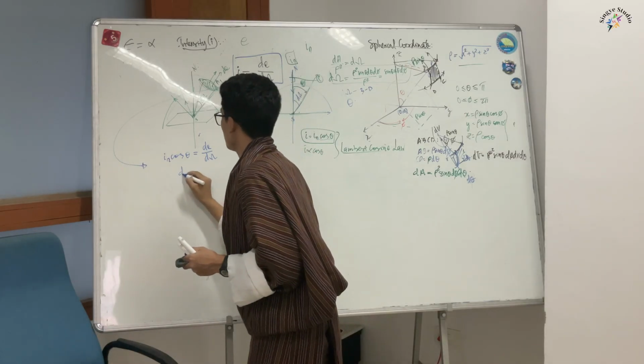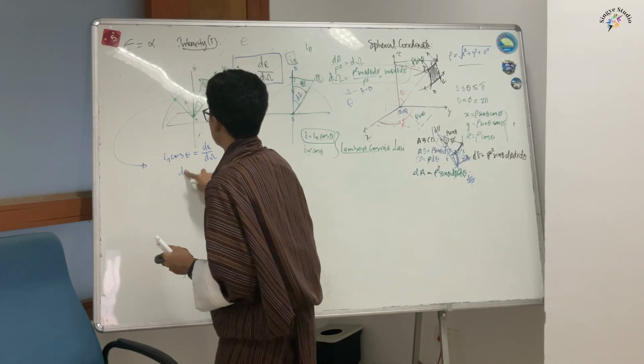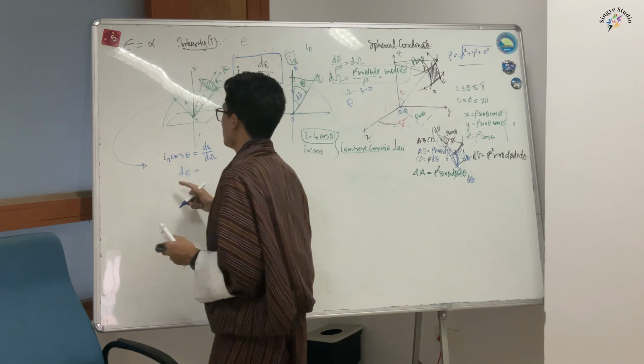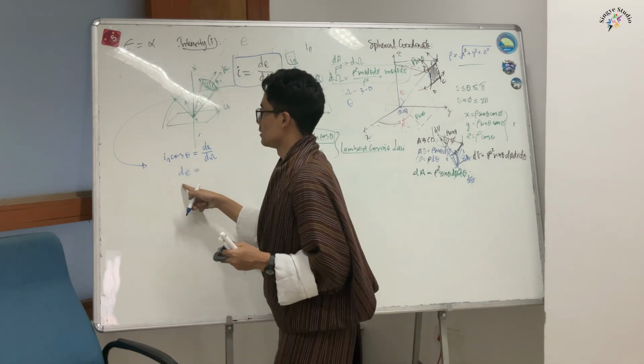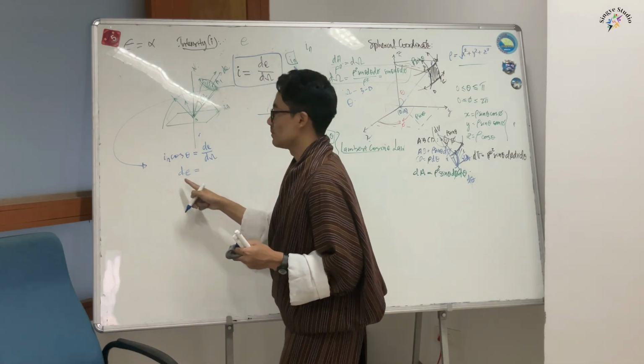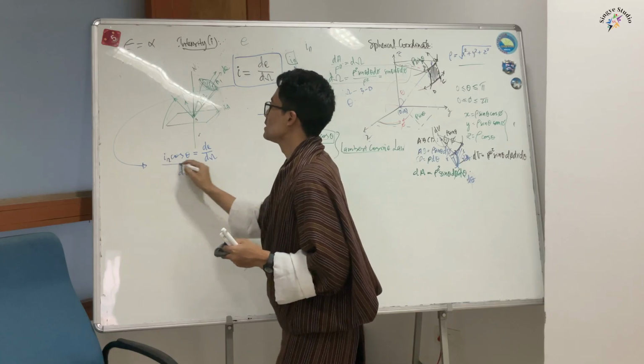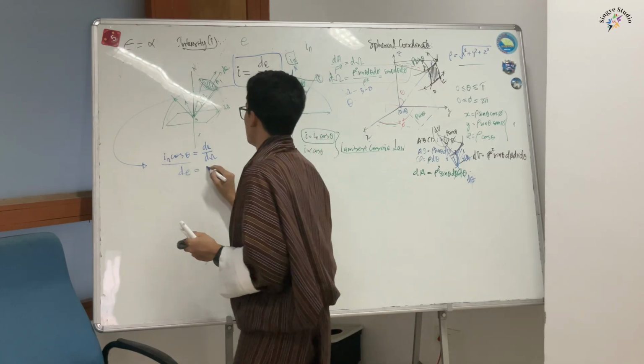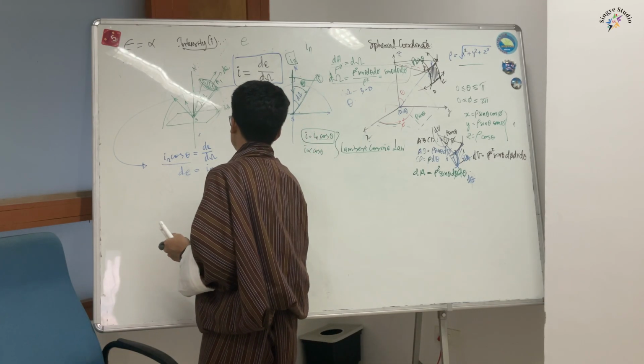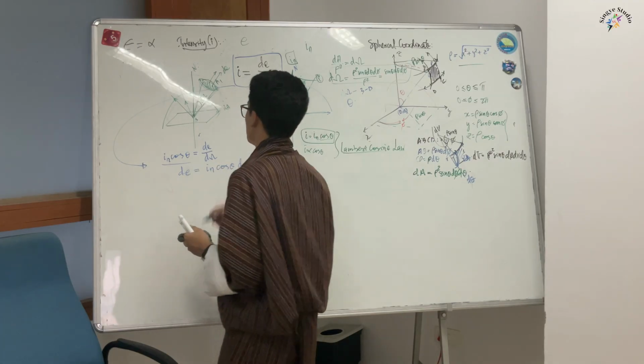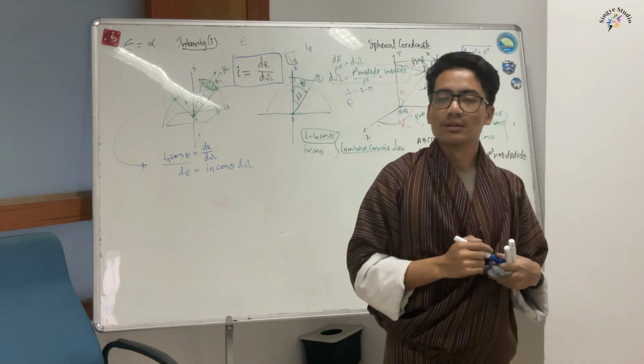So if I want to find dE, the total hemispherical emission power of the radiation by using the intensity, then I can use dE equals IN cosine theta d omega. Right?